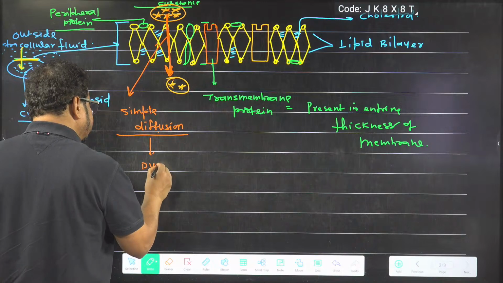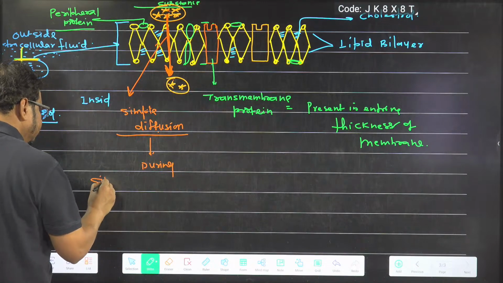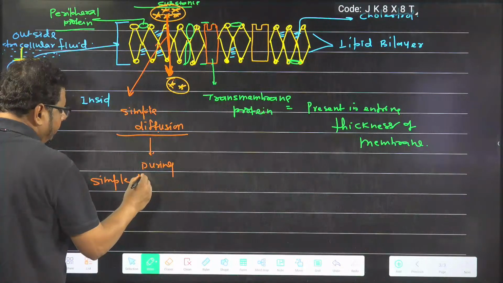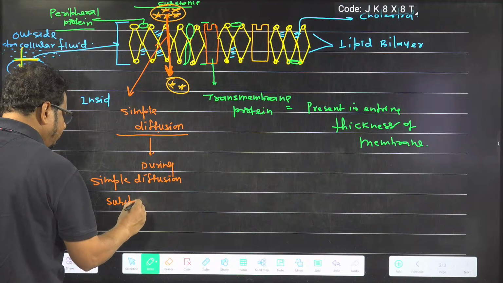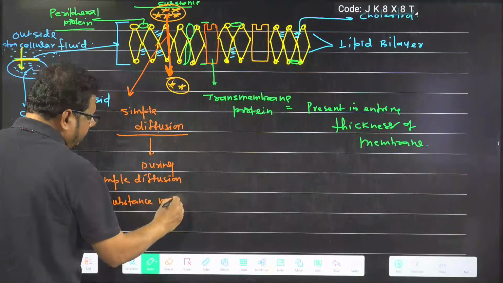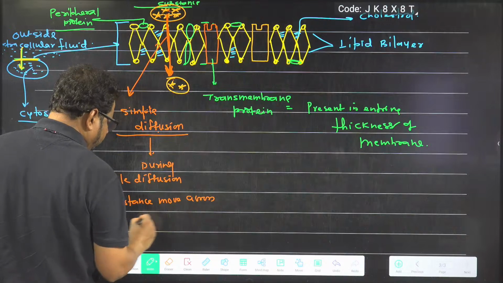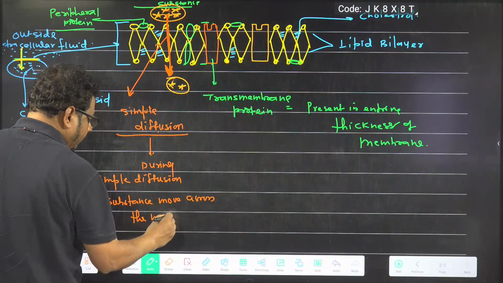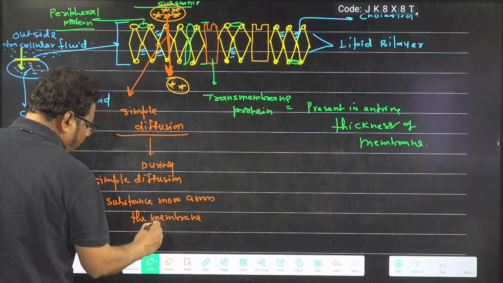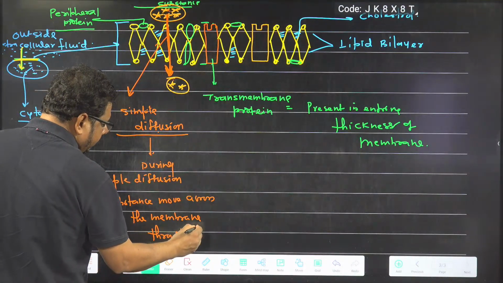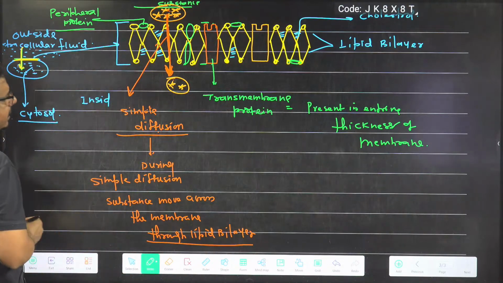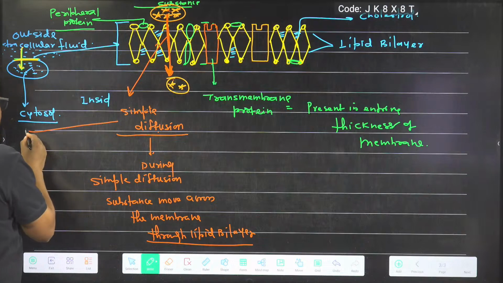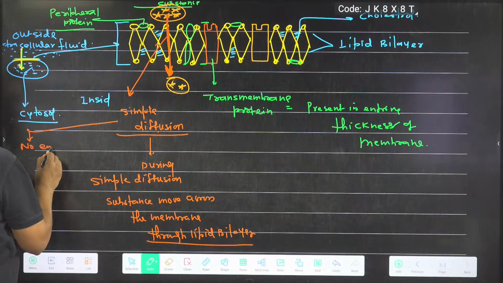During simple diffusion, substances move across the membrane through the lipid bilayer. And because diffusion always occurs from high concentration to low concentration, in simple diffusion no energy is required. It is a type of passive transport.